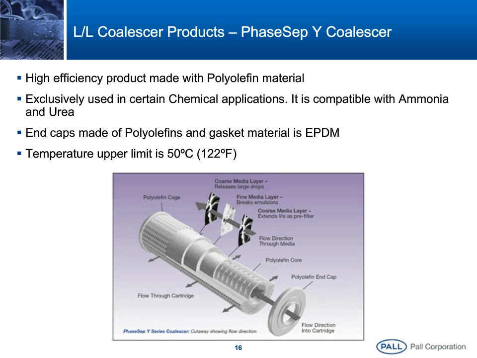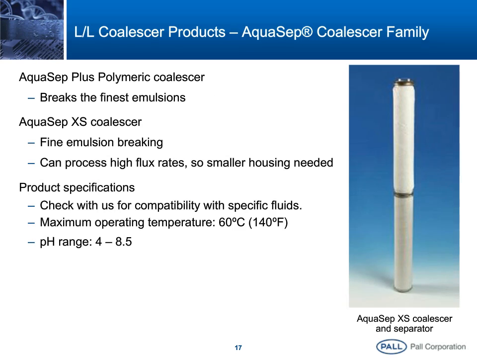Here's another versatile coalescer known as the Sept family of coalescers. Here, the material for the coalescence is made of polyester, and this product has a temperature limitation of about 140 Fahrenheit. It has dimensions of 3 3/4 inch ID and 40 inches length, very similar to the phase Sept product that you saw 2 slides earlier.